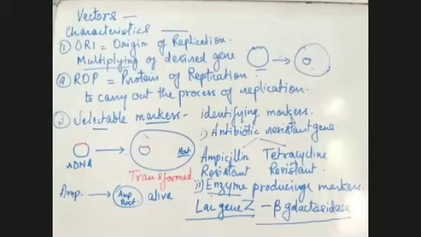Before I tell you how they act as selectable markers, is it clear till here? I have told you three properties of vectors. I'll tell you all the properties of vectors and then how these markers are used. That is known as screening.